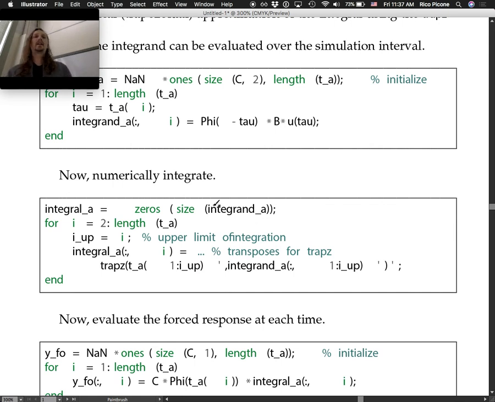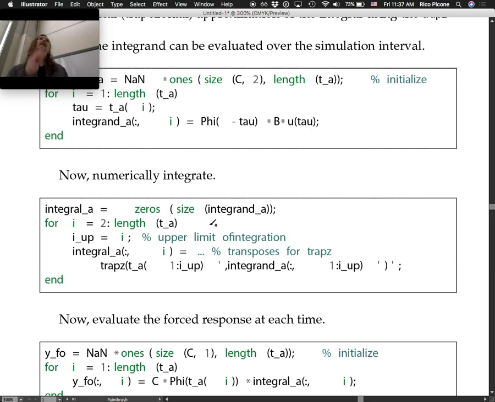My integral, I ended up pre-allocating to zeros in this one, and I don't remember why I chose 0. Oh, it's because it's sort of a silly reason. You can't numerically integrate 1 point.